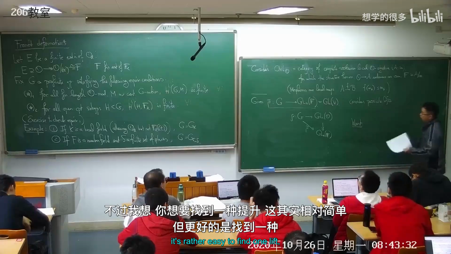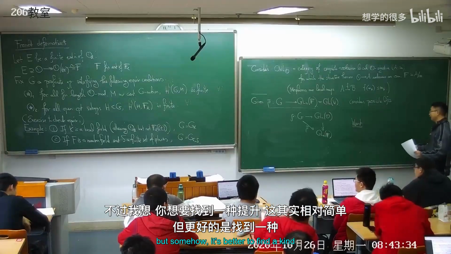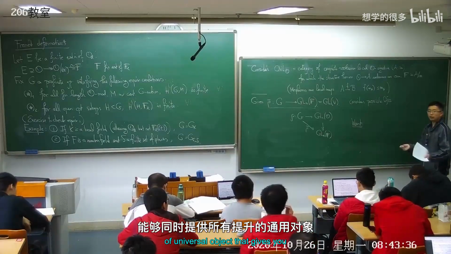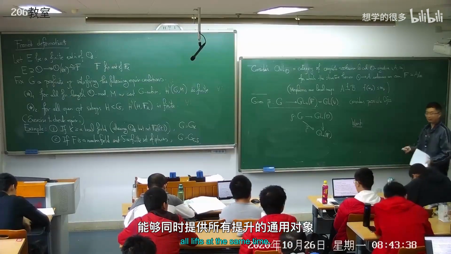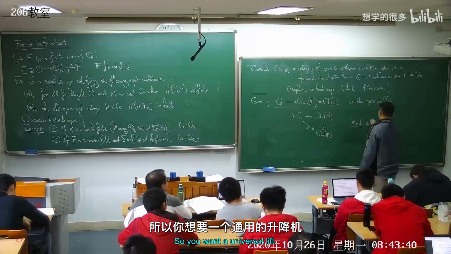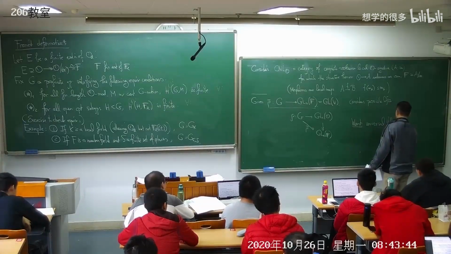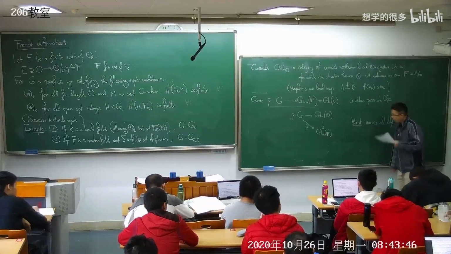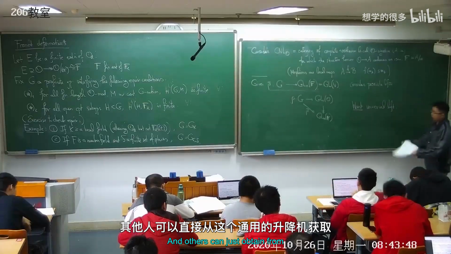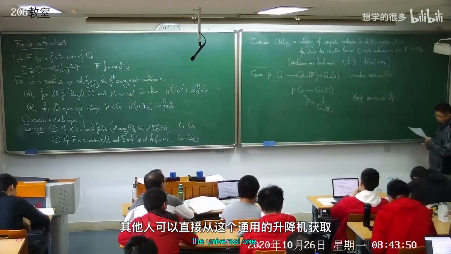It's relatively easy to find one lift, but it's better to find a kind of universal object that gives you all lifts at the same time. So you want a universal lift, and others can just be obtained from the universal one.